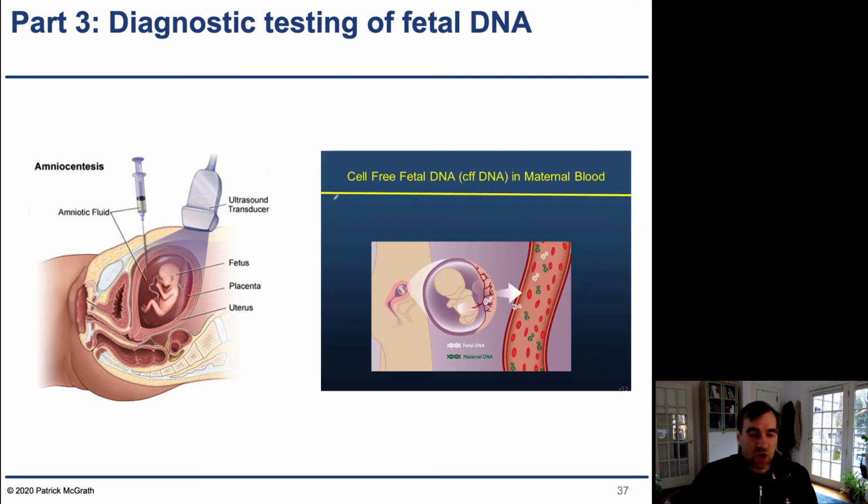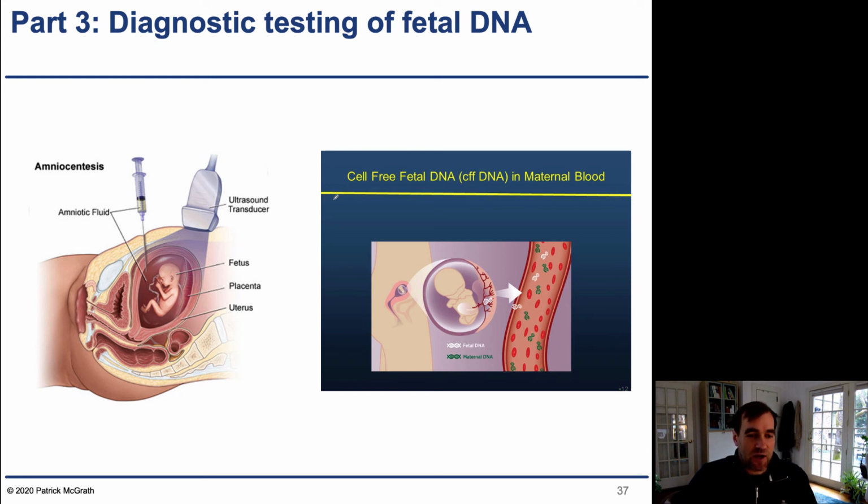So how do you determine if your child has Down syndrome? If you wanted to know ahead of time, before your child was born, whether or not the child had Down syndrome. When I had my two children, there were certain ultrasound tests that were standard, and there were certain features on the ultrasound that would say you have this probability or that probability that your child might have Down syndrome.